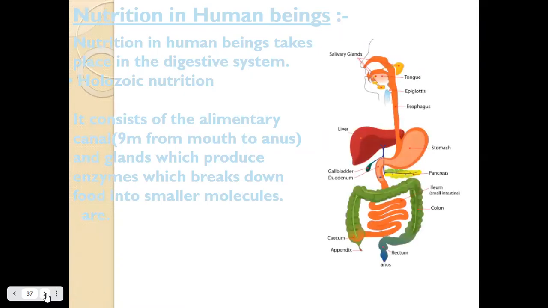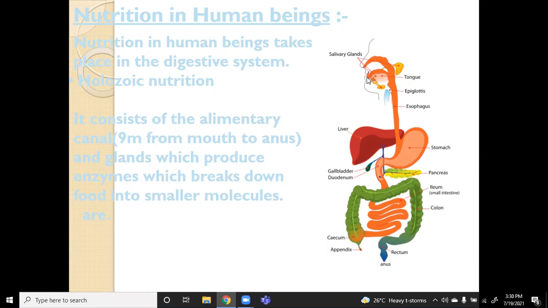This is the diagram of the digestive system. You can see the alimentary canal starts from the oral or buccal cavity. Associated glands like the salivary glands are there. Moving downward, we can see the J-shaped stomach, a muscular organ, then the small intestine, the large intestine, and the anus.